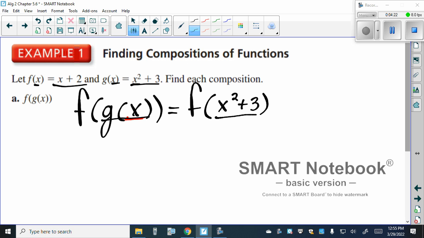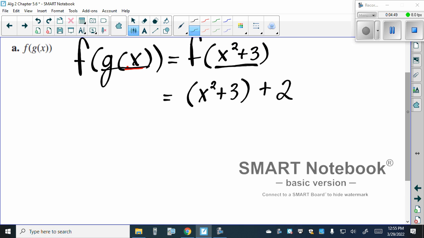So in the function, I'm going to replace any spot where there's an x with x squared plus 3. What that's going to give us is x squared plus 3 just took the place of x, and then we have plus 2.